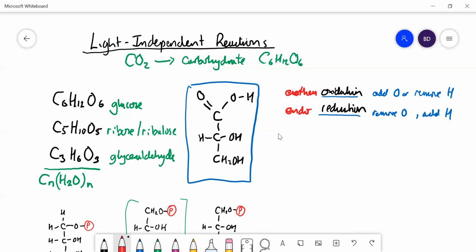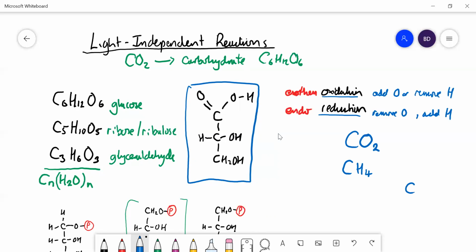If you think of a molecule like carbon dioxide, that is very highly oxidized because you've got 2 oxygens for every 1 carbon, and no hydrogens at all. A molecule like methane, CH4, is very highly reduced because it has all hydrogens and no oxygens.